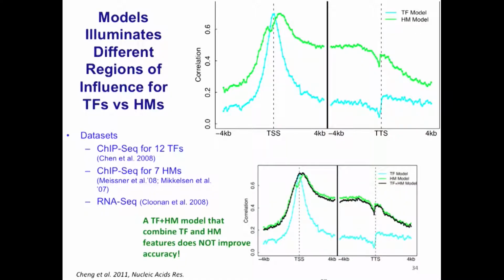What's interesting, though, is how different the histone model looks. Now, the histone model also peaks at the TSS, but it doesn't peak nearly as steeply. And you see the histone markings all over the gene, and even after the TTS they are still relevant for predicting the gene expression. So really, the contrast is nice to get a sense of the difference between the TFs and the histone marks.